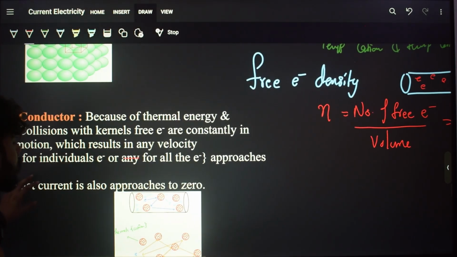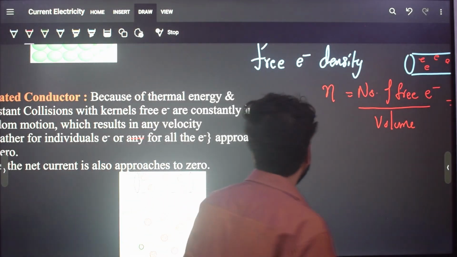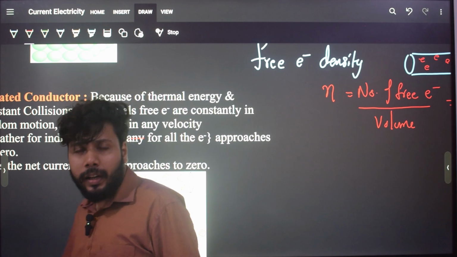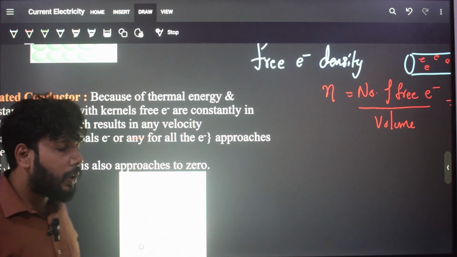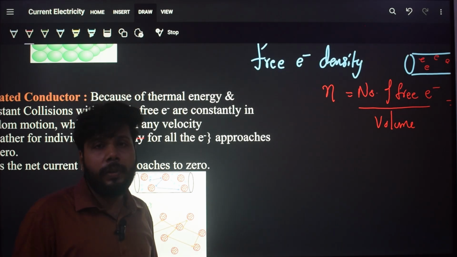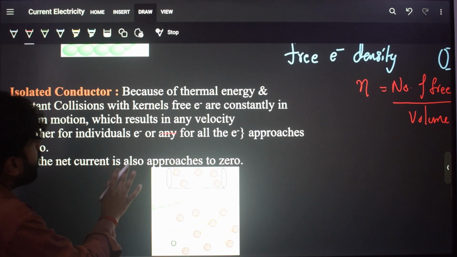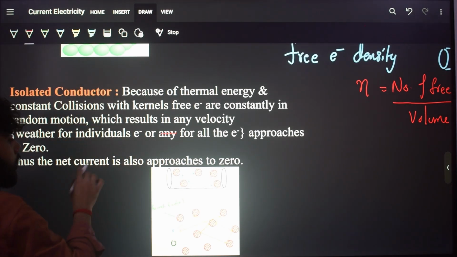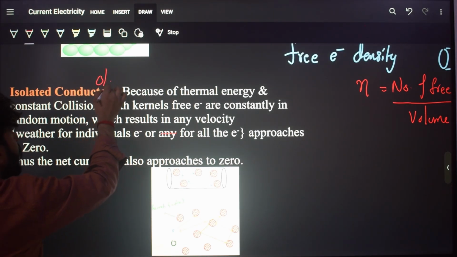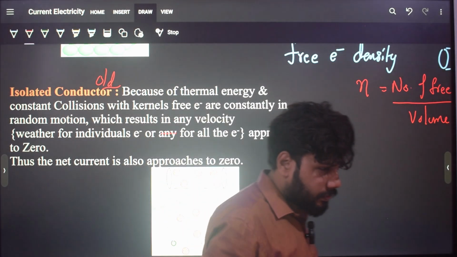Now once we understood the concept of free electron density, then we can begin the concept of current in a conductor. So what is the major target we had? We had to discuss the concept or mechanics of current in a conductor. Remember, this mechanics or theory is a little old theory. The theory which we are going to discuss is old, but for beginning this theory is fine.